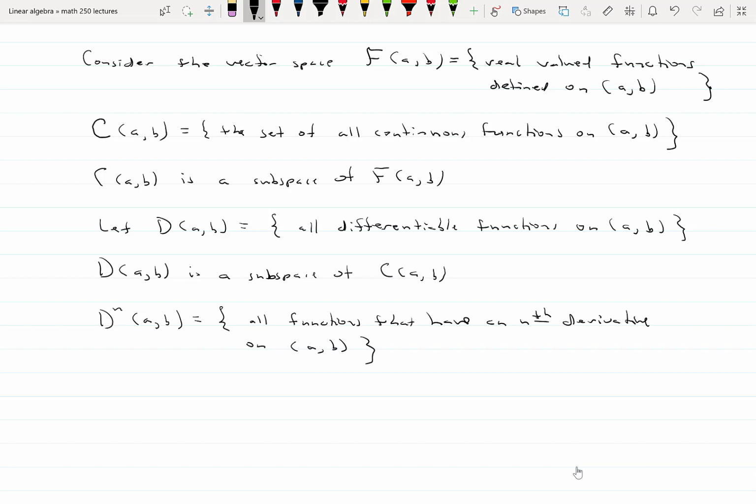Okay, so D2 would be the set of all functions that have a second derivative in AB. They may not have a third derivative or fourth derivative, but they have a second derivative.